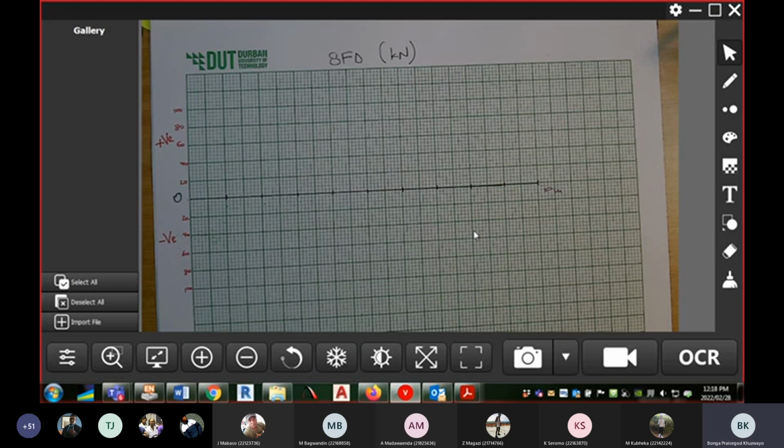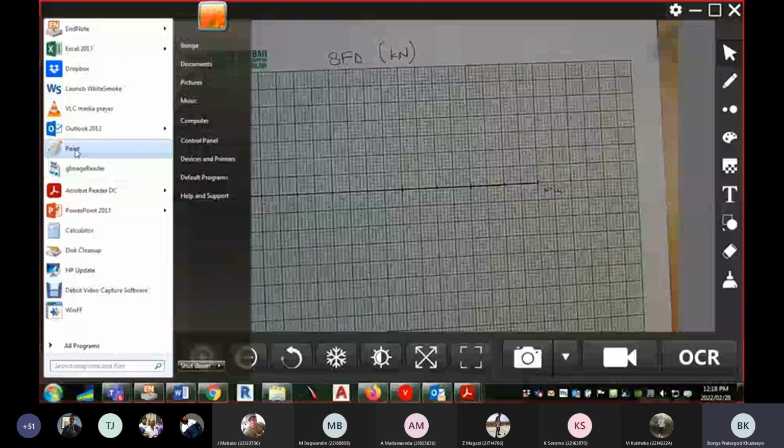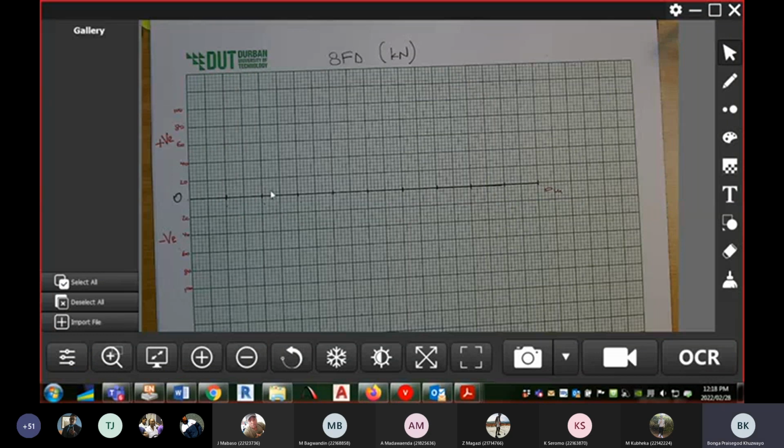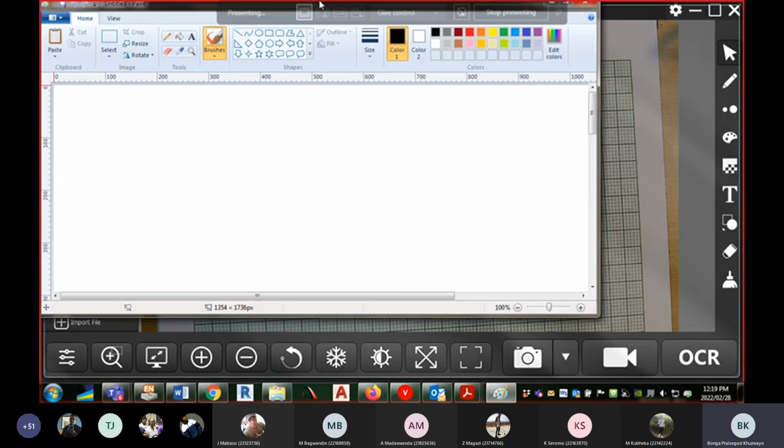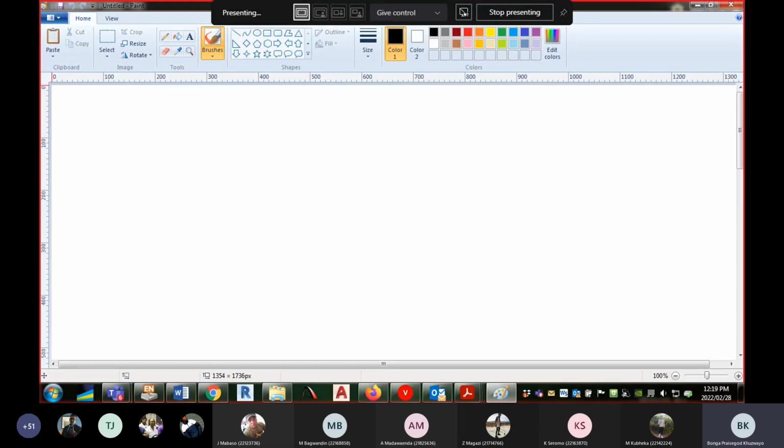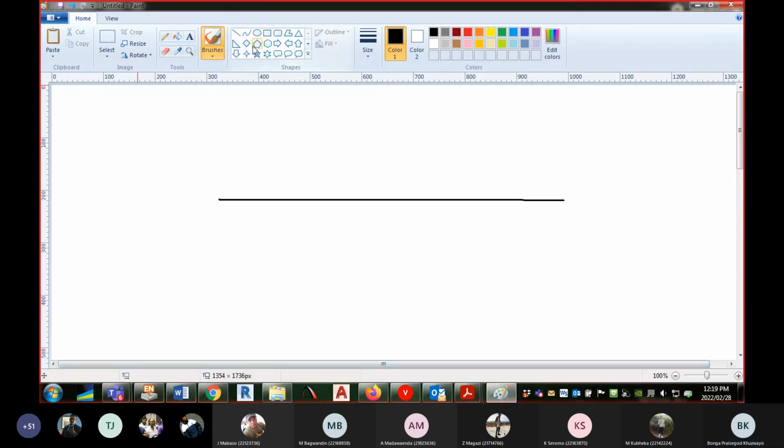The most important thing now. Let me open Paint. I don't have a stylus pen, so I'm going to have to try and do this using my mouse. So that's the beam.